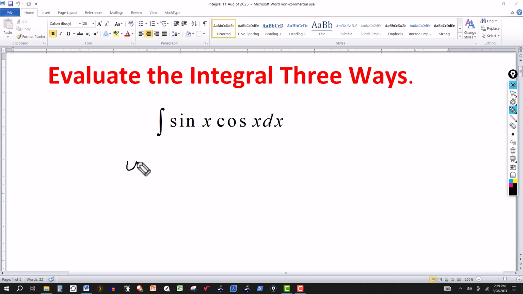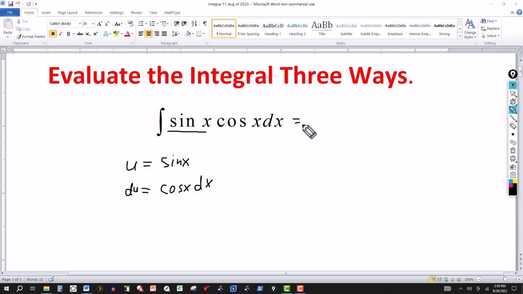Another approach you can do is this. We can let u equal sine of x, then du would equal the derivative of this sine, cosine of x dx. And then we can use this substitution here. So this is going to equal 2, and then this is my u.